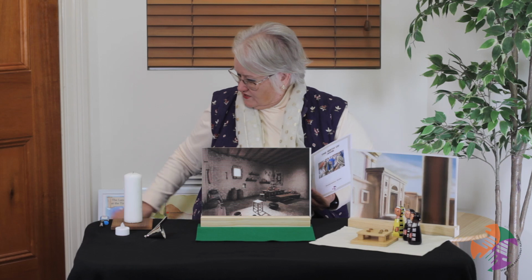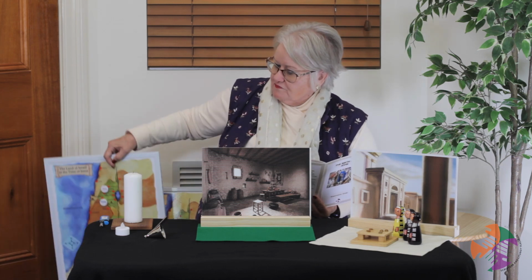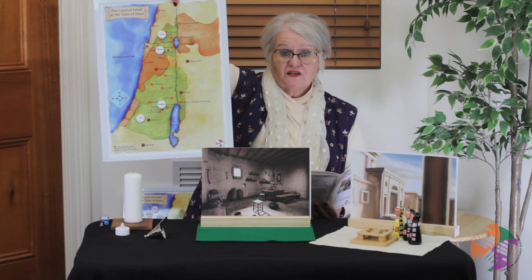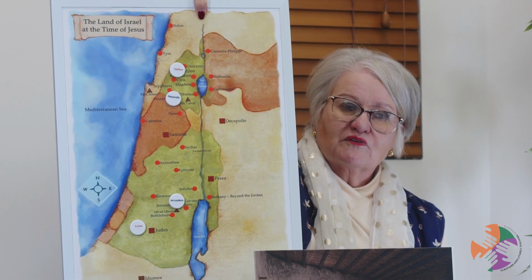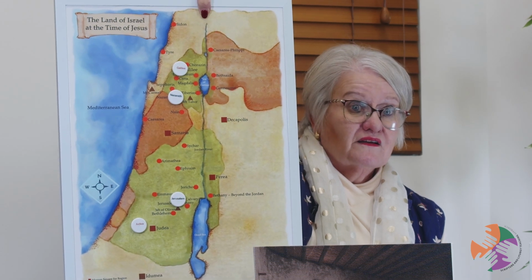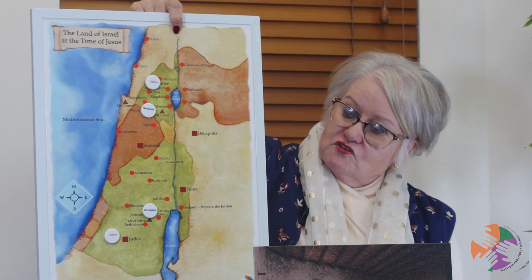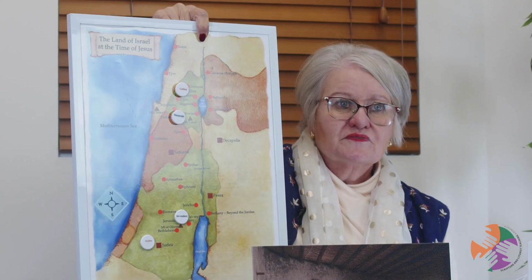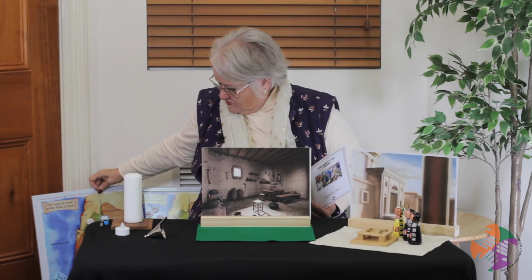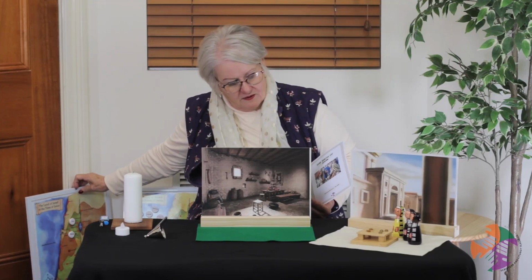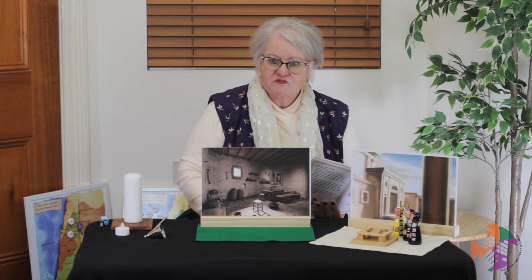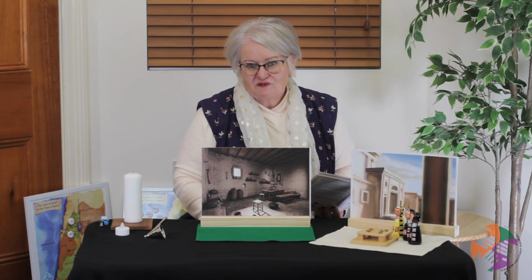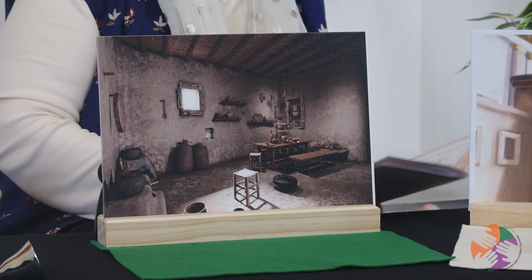Once again, you would draw attention to the magnet maps or another map, if you don't have a magnet map, and point out where Ein Karim possibly was, and alert to where Jerusalem is, which is where the temple was, and that is the background we have here. The temple diorama background is here, and this one is an interior of a house that could be like the interior of Elizabeth's house.